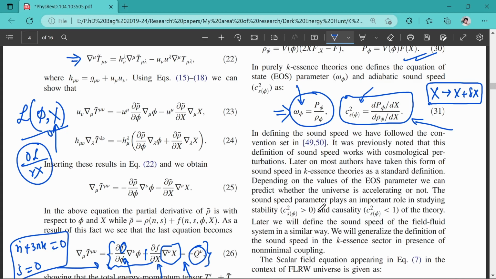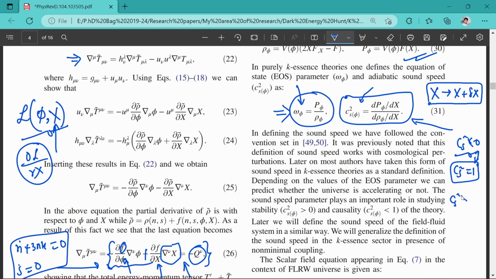And if your sound speed becomes negative, cs square has several conditions. Like cs square less than 0, we can say this theory won't work. Cs square equal to 1 is the speed of light. And if it is between 0 and 1, it means that it is not violating causality.